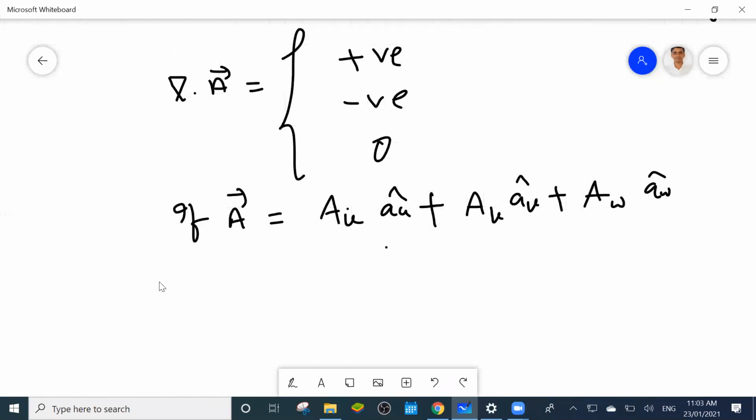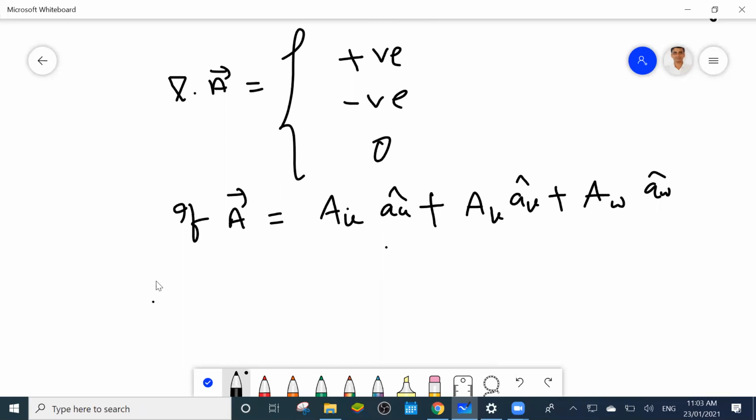In Cartesian, h1, h2, h3 are 1, 1, 1. In cylindrical, h1 equals 1, h2 equals r, h3 equals 1. In spherical, h1 equals 1, h2 equals r, h3 equals r sin theta.